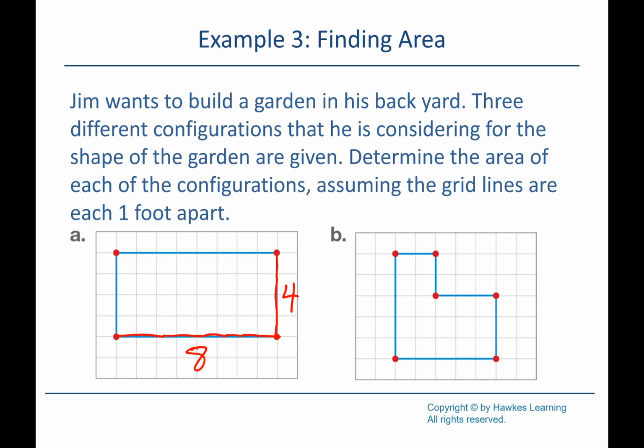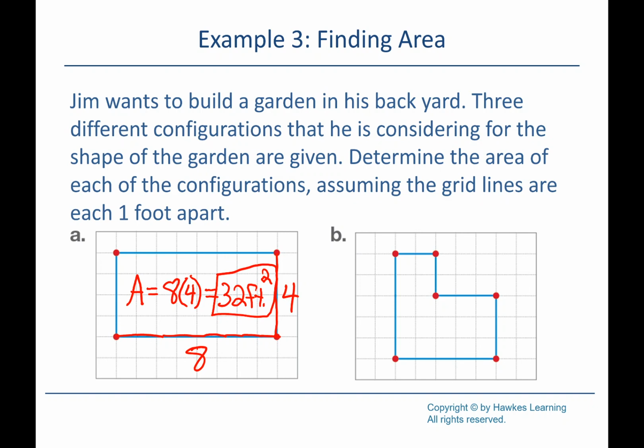So our area will be 8 times 4, so we get 32. Our units are feet, and since we're finding area, we're going to have square feet. So 32 square feet is our area on this one.